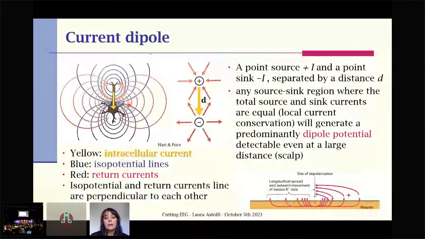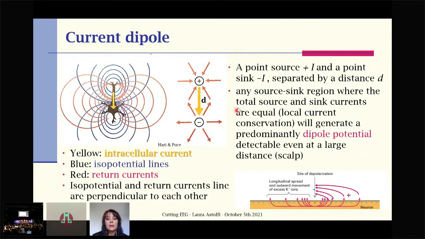The single pyramidal neuron acts as a current dipole, but also groups of neurons act as current dipoles. Starting from the single cell, just briefly recalling, we have internal ion currents and external changes of distribution of charges, which make the neuron act as a current dipole, which means that we have two point sources, positive and negative, separated by a distance.